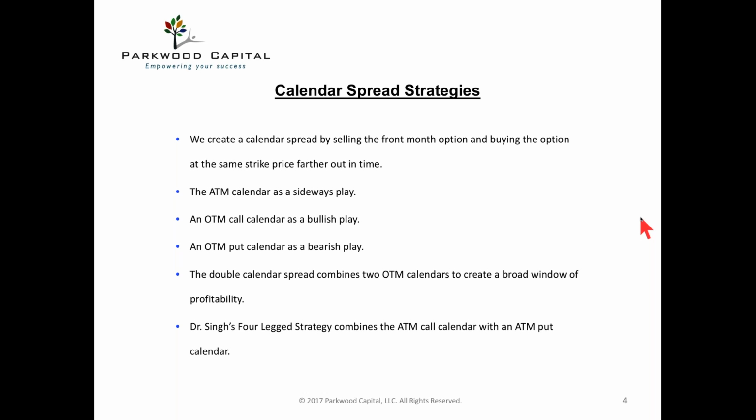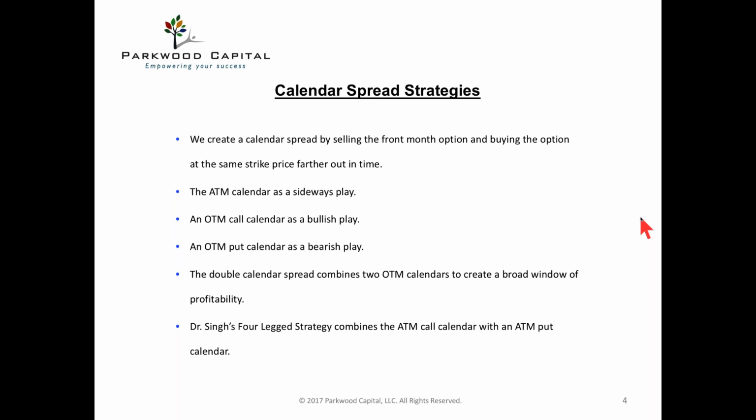We can build a call calendar up above the stock price, where we sell the front month call and buy the next month out call at that strike price up above the stock price. And this is a classic bullish play. If the stock price trades up toward our calendar, that calendar will become much more valuable.